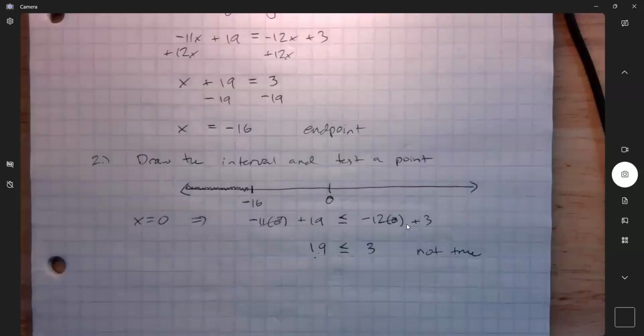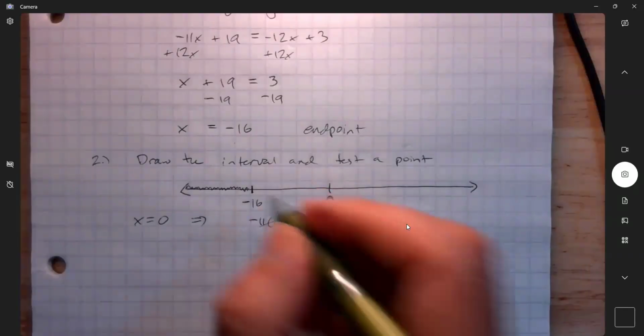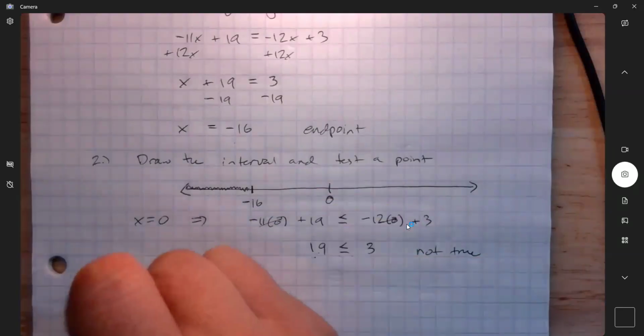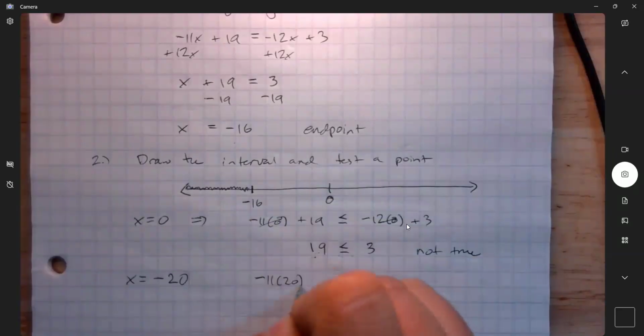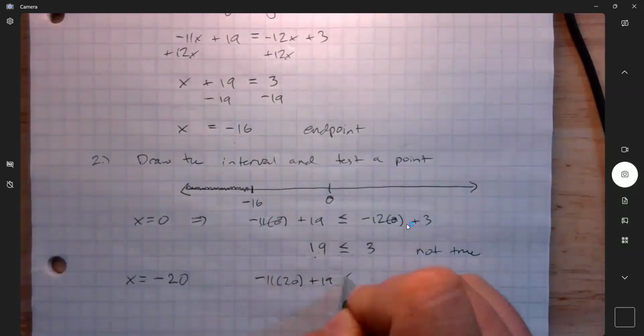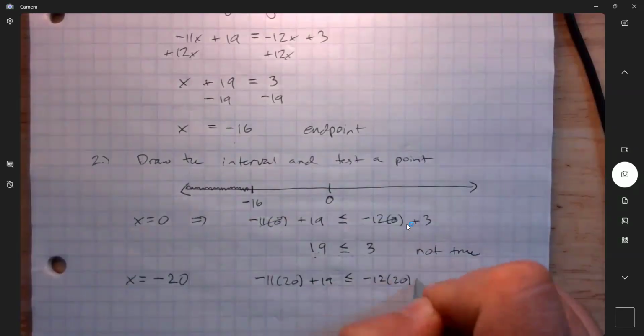We could test a point. That's not a bad idea. A point smaller than negative 16. We could pick negative 17. The math's a little tricky, 11 times 17, but we have calculators. I'm going to pick negative 20 because that's something I can just do in my head. So negative 11 times 20 plus 19. And I want to know if that's less than or equal to negative 12 times 20 plus 3.